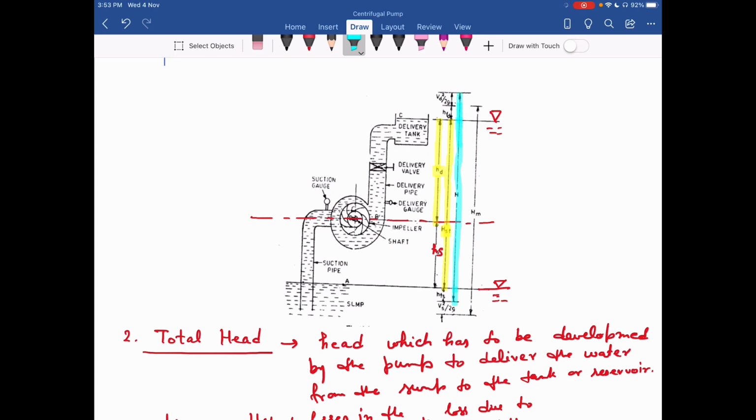So this total height becomes my head H, that is called total head. Okay. Now in this head, losses in the casing and the impeller are not taken into account. Okay. So those losses we are not taking into account in the total head.